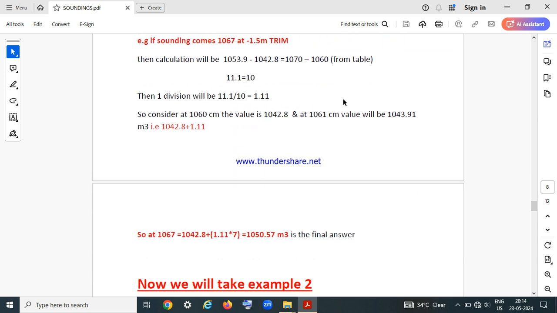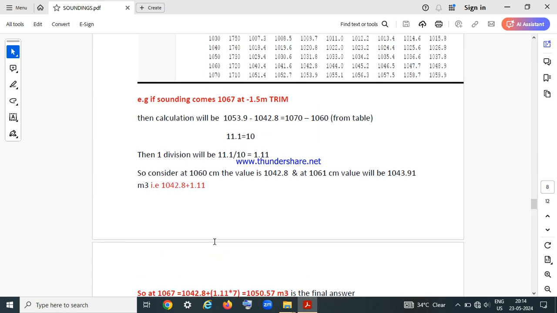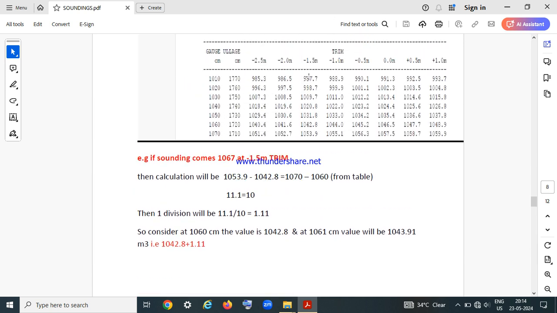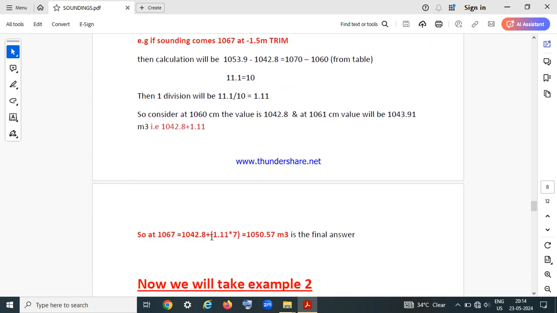So here is the calculation at 1067: 1042.8, which came from here at minus 1.5 trim, plus 1.11, the division which we calculated from this formula, into 7, the divisions from 1060 to 1067.